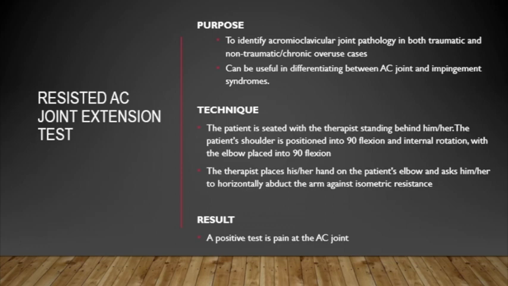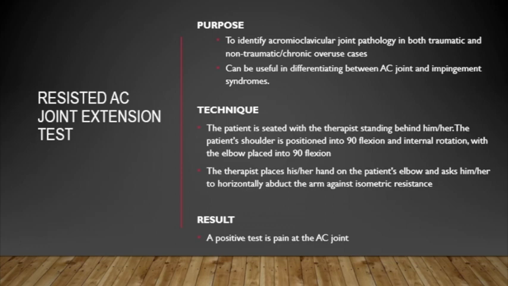The technique for this test is that the patient is in a sitting position and the therapist is standing behind the patient. The patient's shoulder is placed in 90° of flexion and internal rotation along with the elbow in 90° of flexion. In this position, the therapist places his or her hand on the patient's elbow and asks the patient to abduct the arm.